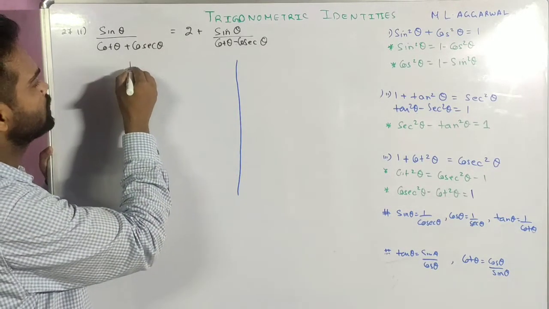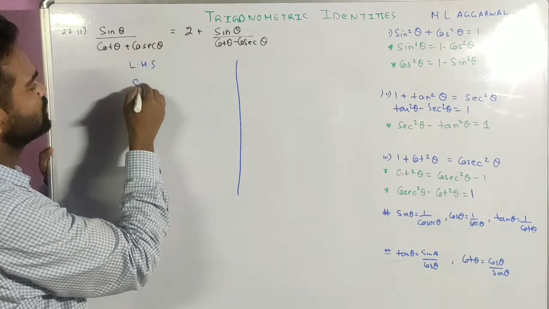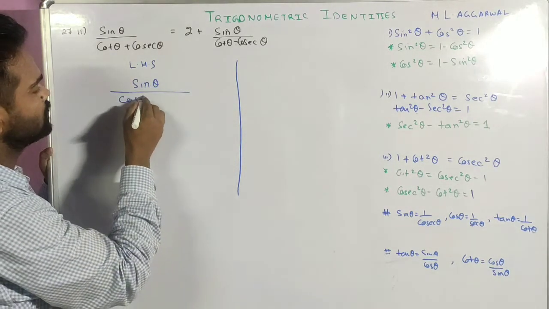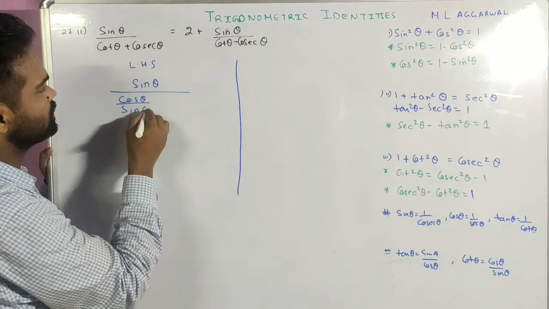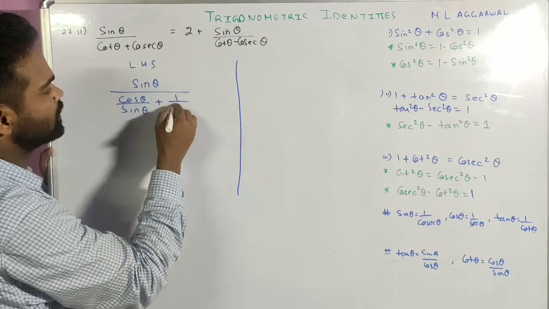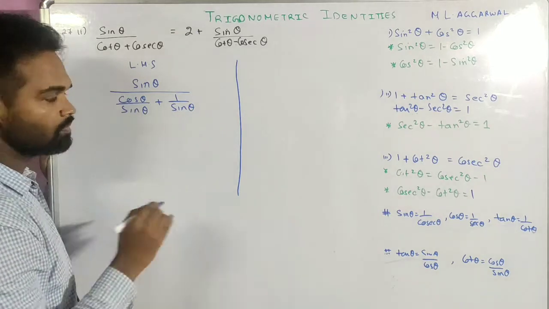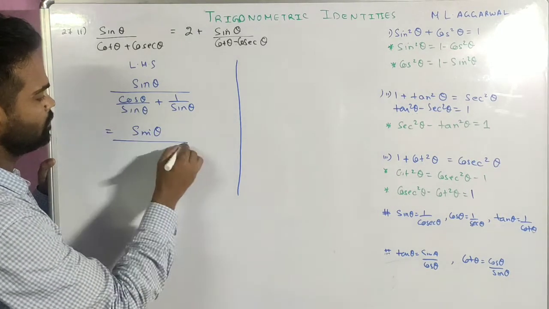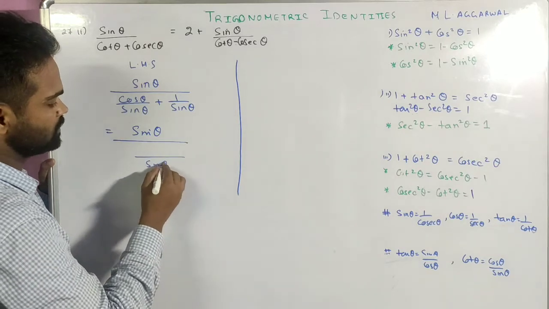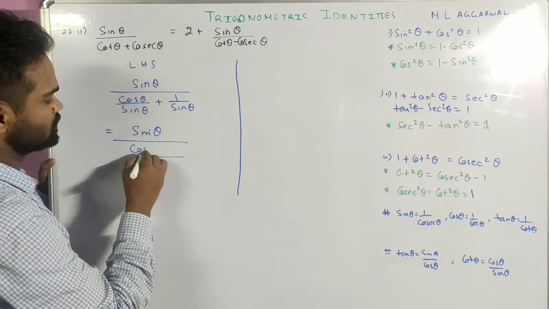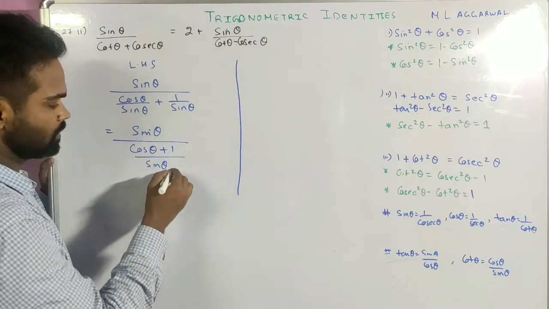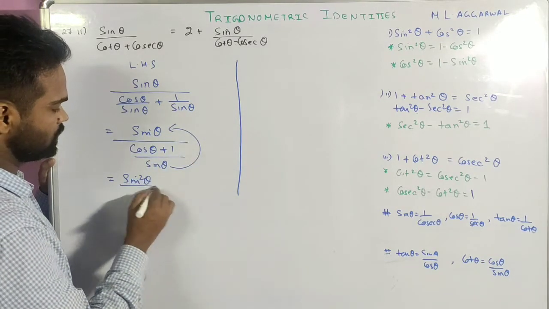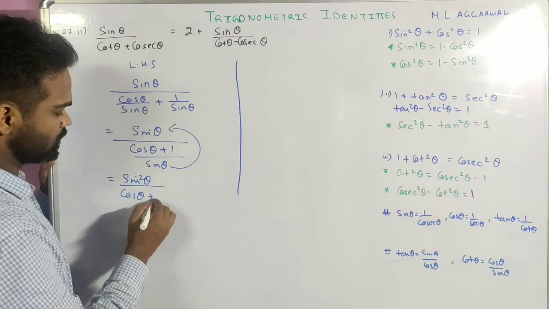Look over here. The left hand side, sin theta by cot theta, can I write cos theta by sin theta? Cosec theta, can I write 1 by sin theta? Which means this becomes sin theta by, I'll take sin theta LCM, so this is cos theta plus 1. This goes up, that becomes sin square theta by cos theta plus 1.